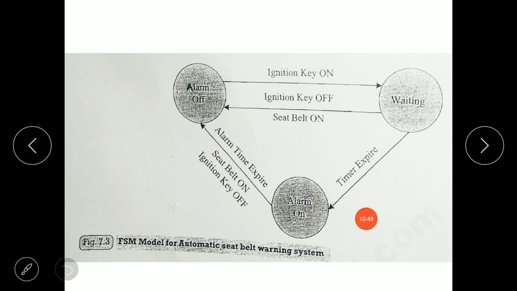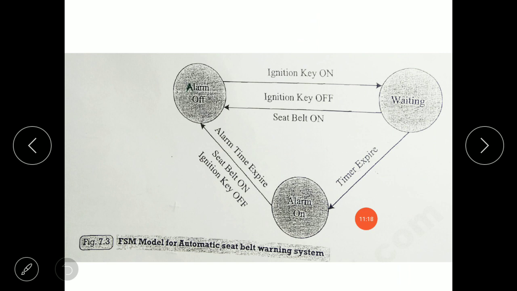Embedded systems used in control and industrial applications are examples of these state event driven or reactive embedded systems. The state machine model describes the system behavior with states, events, actions and transitions.